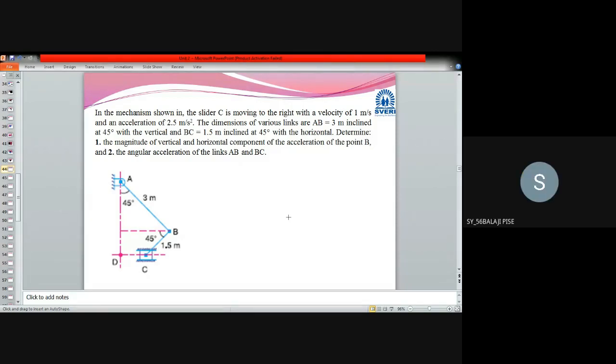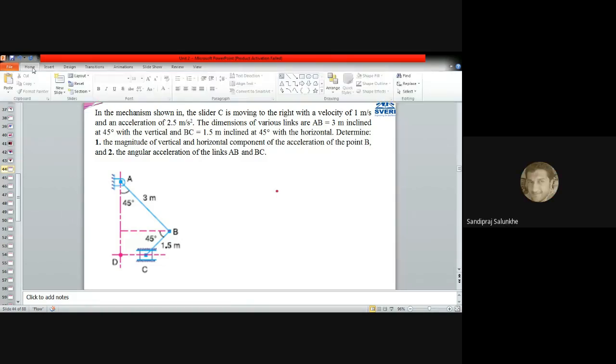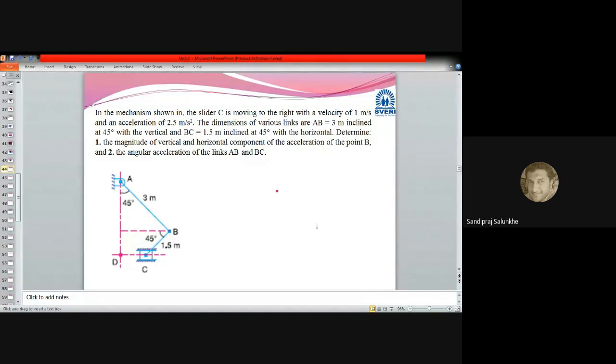So we take first a stationary point. First you have to take a stationary point. Right. So I will take some stationary point for drawing what? Velocity or acceleration diagram? Velocity diagram. Okay. What name can I give to this point?